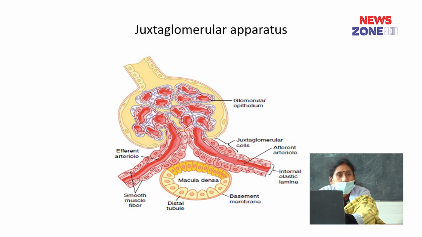Renin is produced by the juxtaglomerular cell, and autoregulation of the blood flow is maintained mainly by the macula densa.